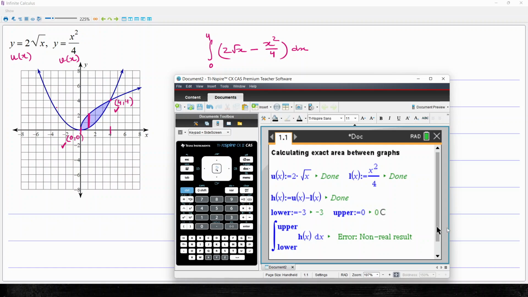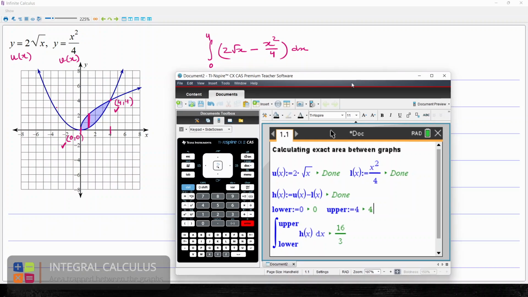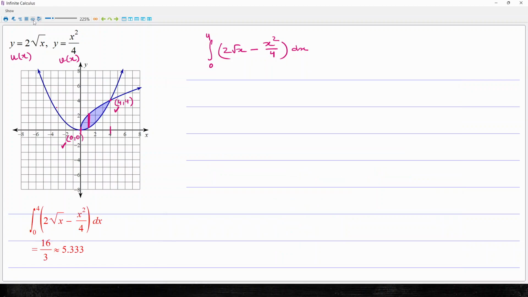Our lower value is 0, and the upper value is 4. And the area between the two functions will be 16/3. Now let's see if this is correct. And it works.